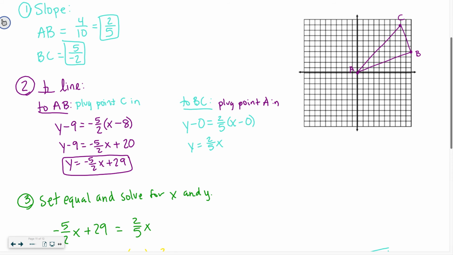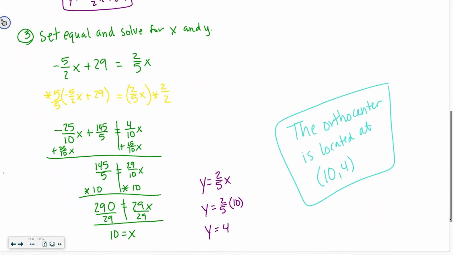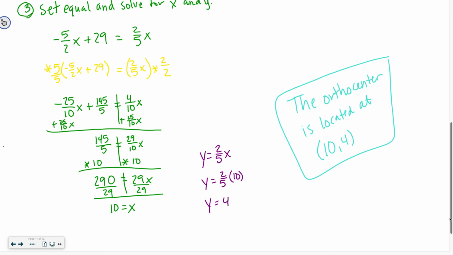When I was finding the line that's perpendicular to BC, I had to plug point A in. Okay? Then once you've found your 2 equations, set them equal and solve for x and y. So here you can see I set them equal to each other and solved for x and y, and I ended up with (10, 4) as my orthocenter.